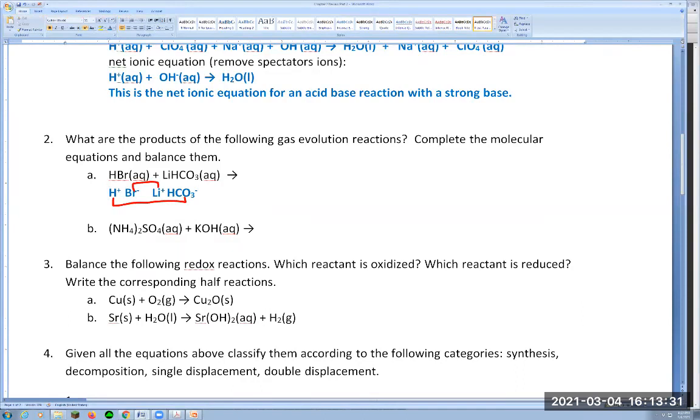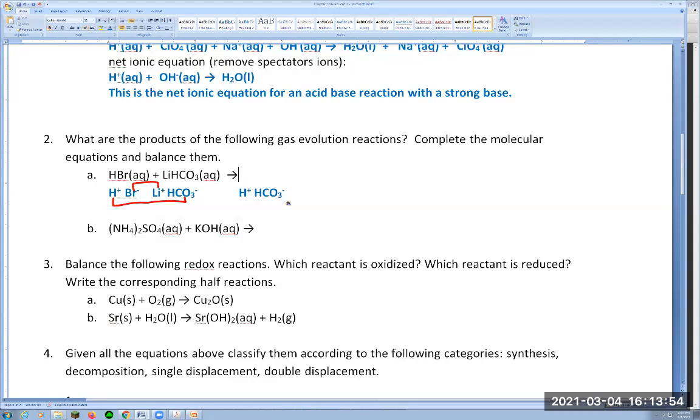So what do they make together? Let's start with the H+ mingling with the HCO3-, the bicarbonate. You have one positive charge and one negative charge, so together they will make a neutral formula.